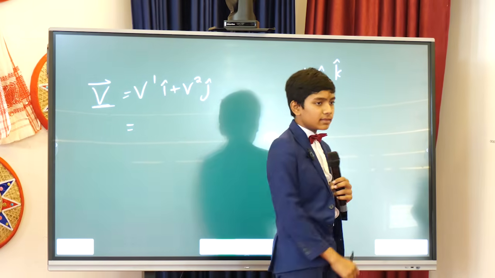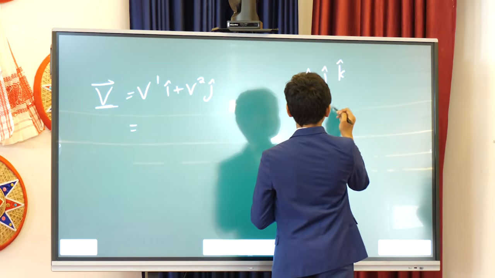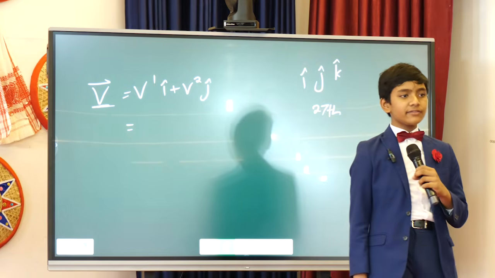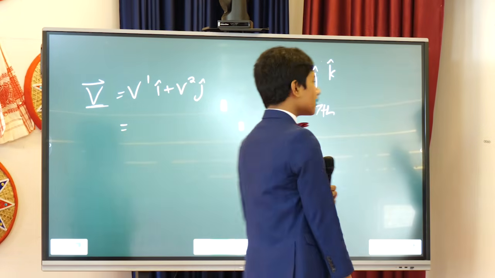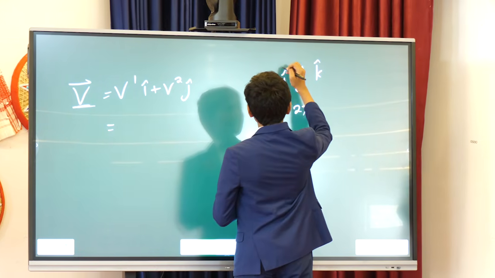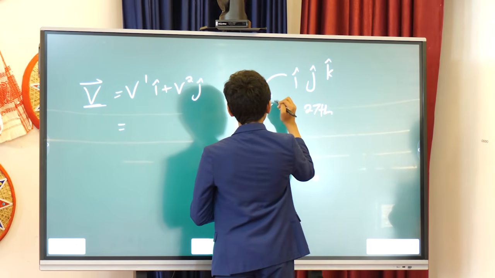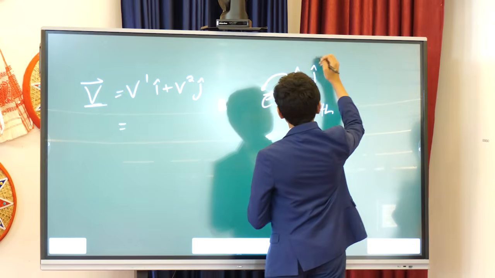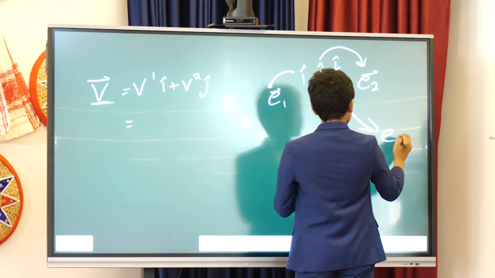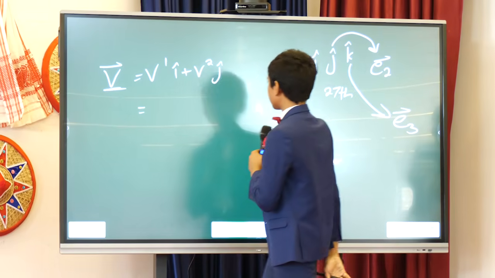But then, in, say, the 27th dimension, maybe you can use all the letters of the English alphabet, but you still have one basis vector left. What do you use then? So, instead, to generalize, we're once again going to be using numbers. i is going to be e_1, j is going to be e_2, and k is going to be e_3, and so on and so forth.